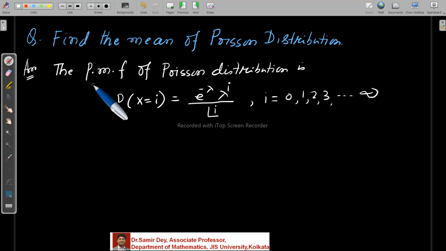I think you are thinking what is the full form of PMF. PMF full form is probability mass function. Probability mass function is a very important part.